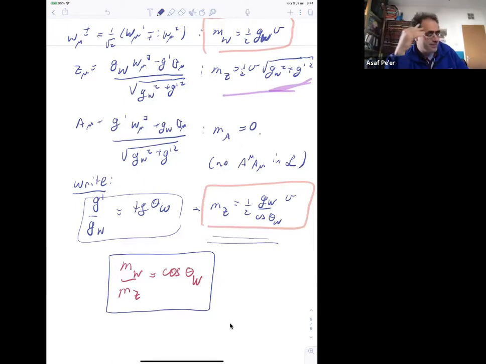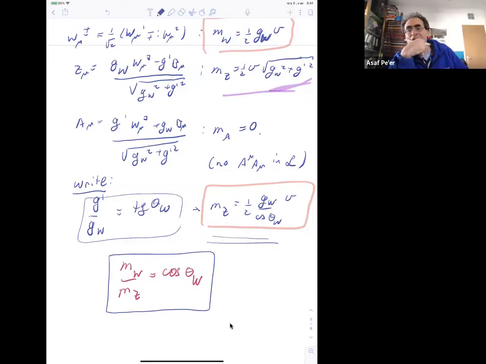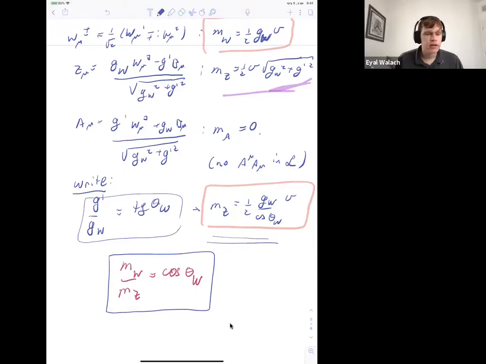I have a conceptual question. It seems to me like to get that the A is massless requires a very lucky choice of numbers.